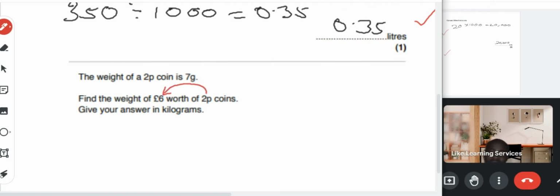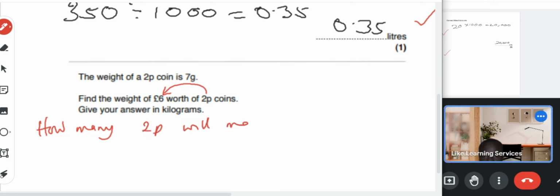No. Okay, you need to first of all find how many 2 pence will make 6 pound. We need to find that first of all.